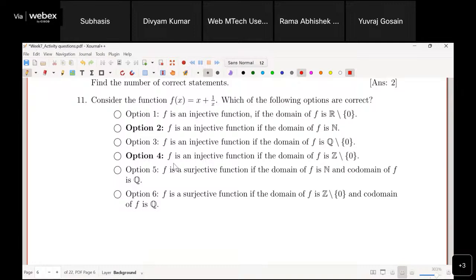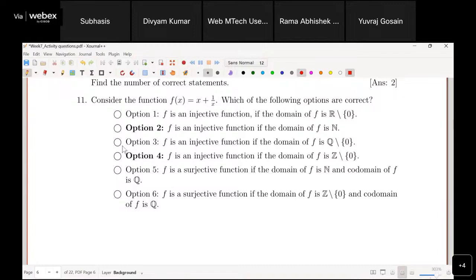Since you know this question very well, how to check whether a function is injective or surjective, that is a concept which is a combination of week 1 and probably week 5 or 6.